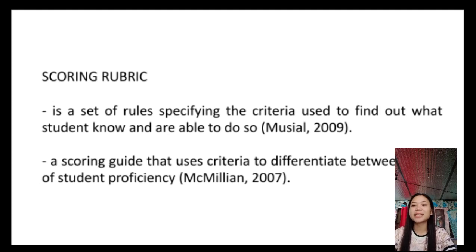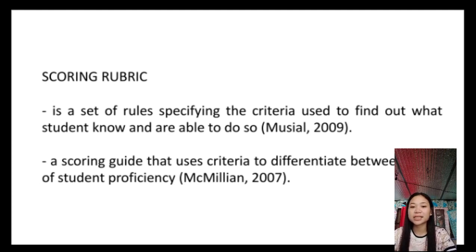The second statement is according to Macmillan in 2007. This is another definition: a scoring rubric is a scoring guide that uses criteria to differentiate between levels of student proficiency. It emphasizes that a scoring rubric functions as a guide to differentiate between levels of student proficiency.